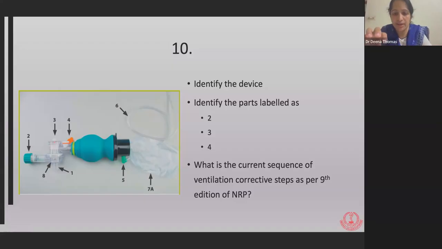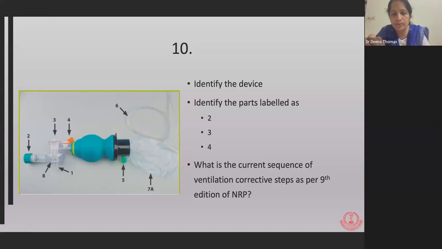The pressure manometer is just like the manometer in the T-piece. When you press, you can see how much PIP and how much PEEP. It is a dial-shaped thing with a needle pointing towards the pressure. This is the pop-off valve, which will release the pressure if it goes beyond 30 to 40 centimeter water.